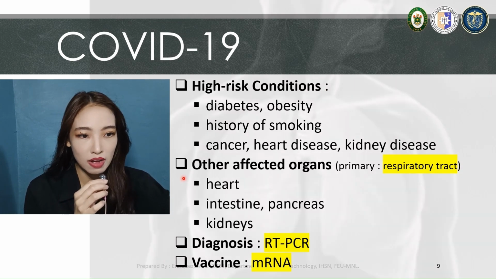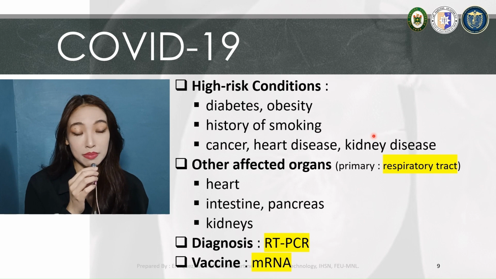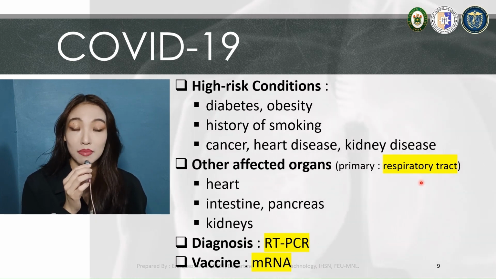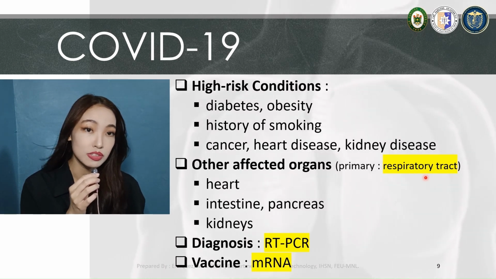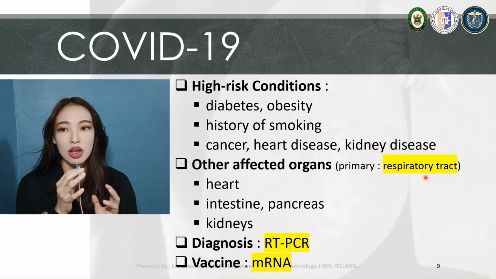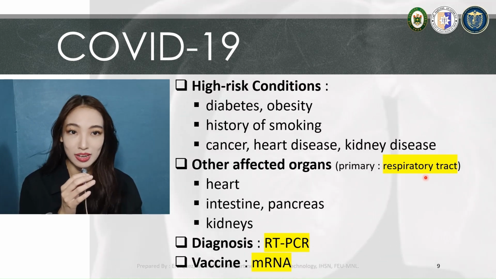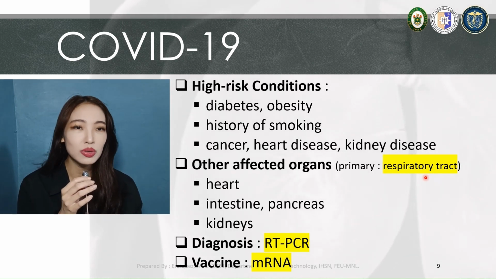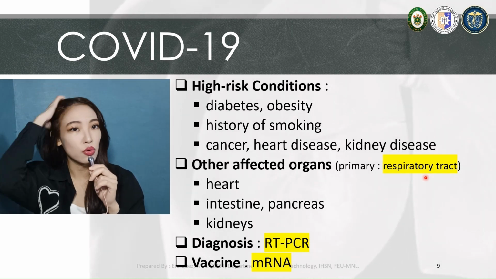Listed here are other affected organs. So, of course, we know that the primary organ system that is targeted by this virus is our respiratory system. So, it targets the cells of our respiratory tract, our lungs. But as we can see right here, it's not only the lungs that become affected when we acquire the virus.